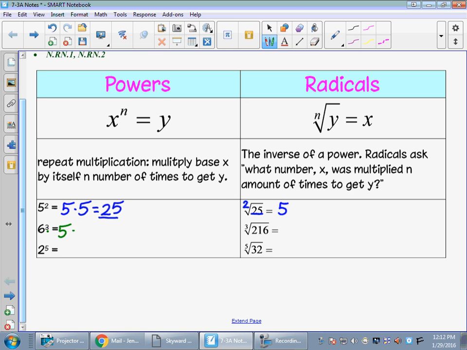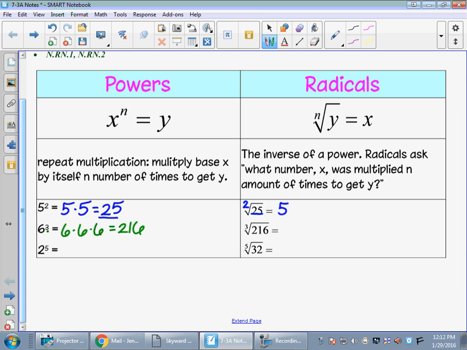That means repeat multiplication of 6, 3 times. 6 times 6 times 6 ends up being 216. Now, to do that in your calculator, you could put 6 times 6 times 6.